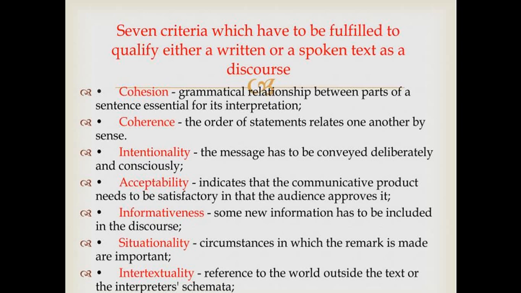Informativeness, some new information has to be included in the discourse. Situationality, circumstances in which the remark is made are important. Intertextuality, reference to the world outside the text or the interpreter's schemata. So here are the 7 criteria which must be fulfilled for a written or spoken text to count as a discourse.